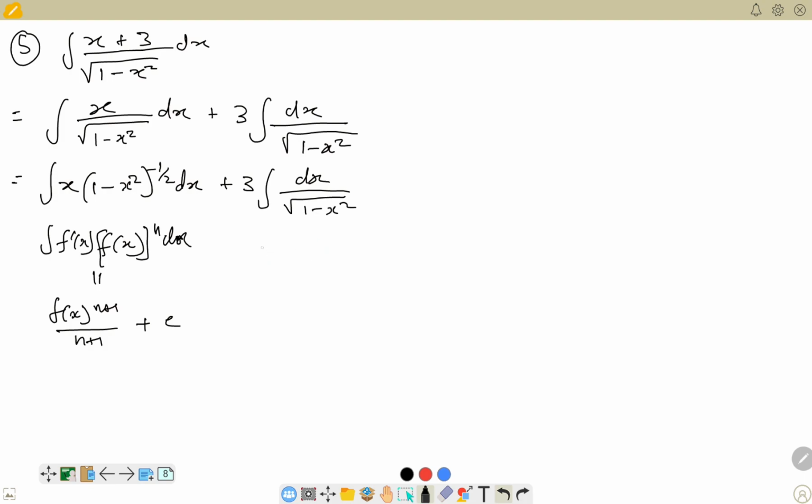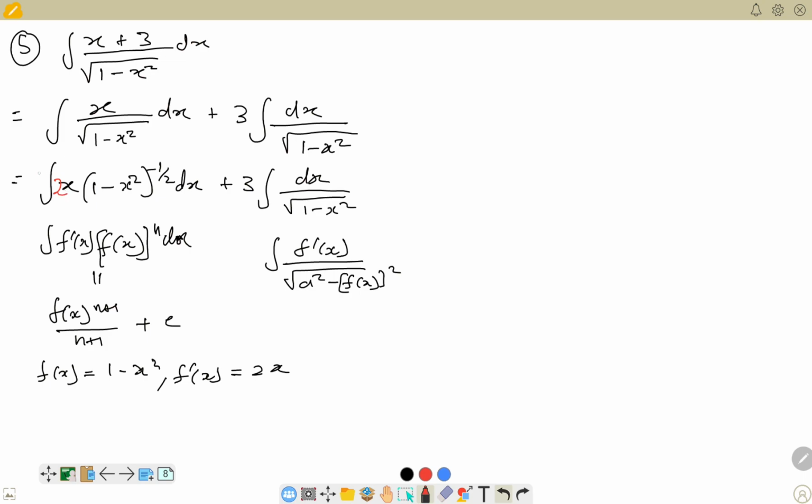This looks like f prime over the square root of a squared minus f of x all squared. Then in that case, I can see that my f of x is 1 minus x squared. Then f prime of x is actually 2x. But there, I only have x. So I can actually put the 2 here. Then I know that putting the 2, I have to divide by 2.